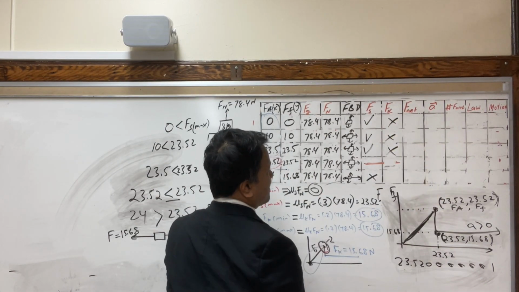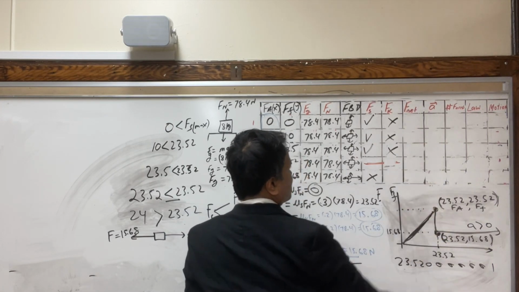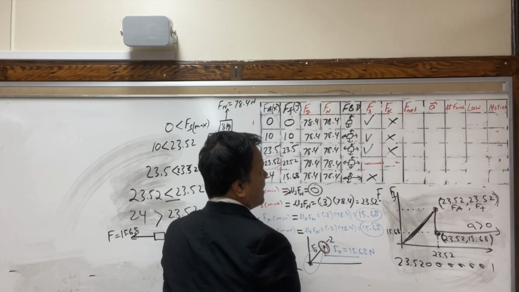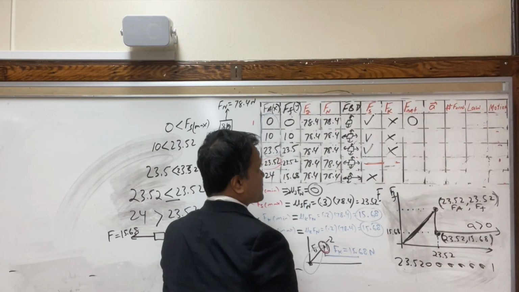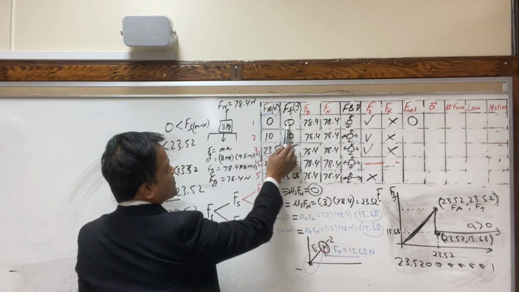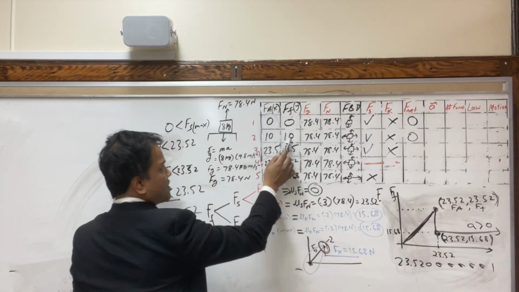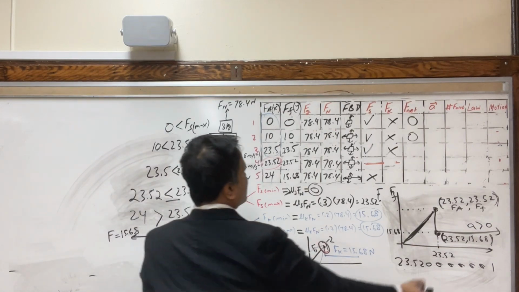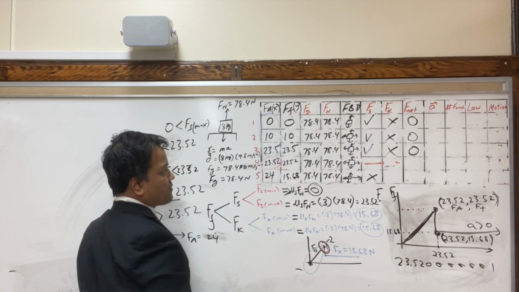Okay, so let's go to net force. Net force is 0 because applied force minus force of friction is equal to 0.